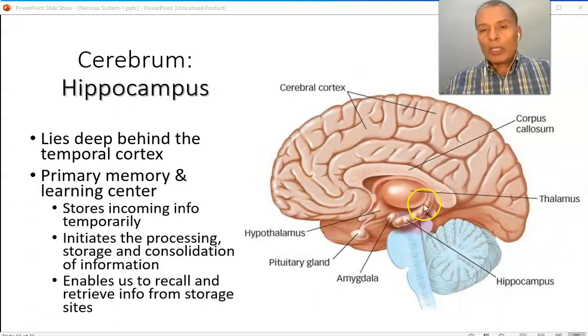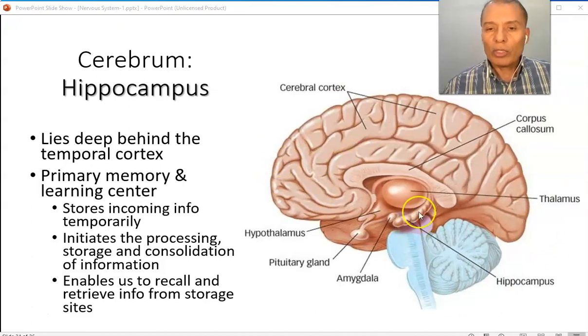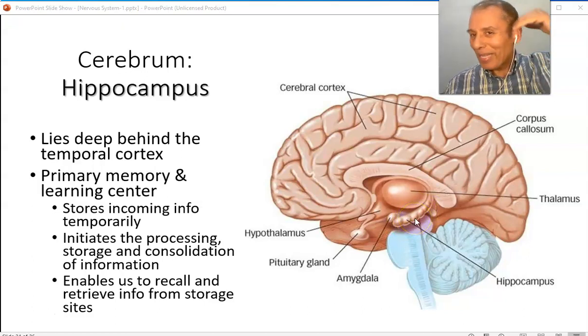So the hippocampus, I just explained what it does, and it is a major structure in processing information. If that is destroyed, the person will not be able to form new memories, and will not be able to recall old memories as well. This structure is buried deep inside of the temporal lobe.